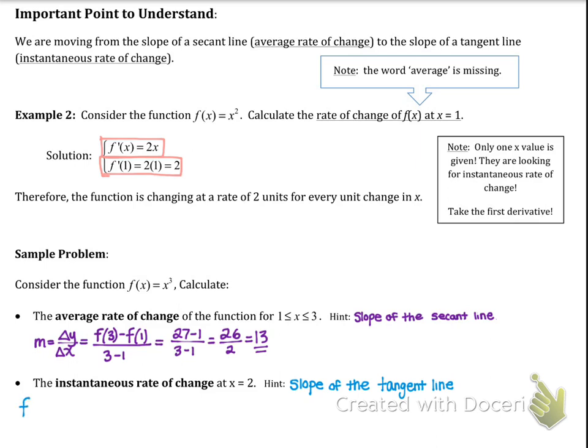So f prime of x equals, using the power rule, bring down the 3, and we're left with x squared. So therefore, f prime of 2, since we're looking for it at the value of 2, equals 3 times 2 squared. 2 squared is 4 times 3 gives me an instantaneous rate of change of 12 at the x value 2.